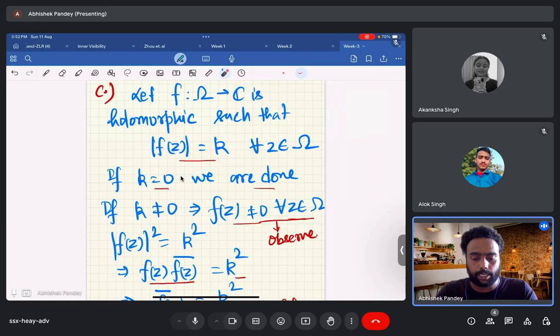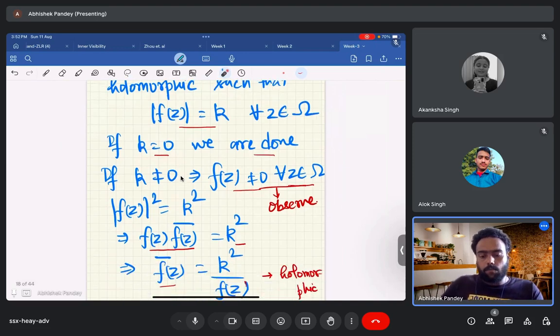So let us assume that k is not equal to 0. It implies there are some points z belonging to omega where f(z) is non-zero, isn't it? Now |f(z)| squared is k squared. What is |f(z)| squared?